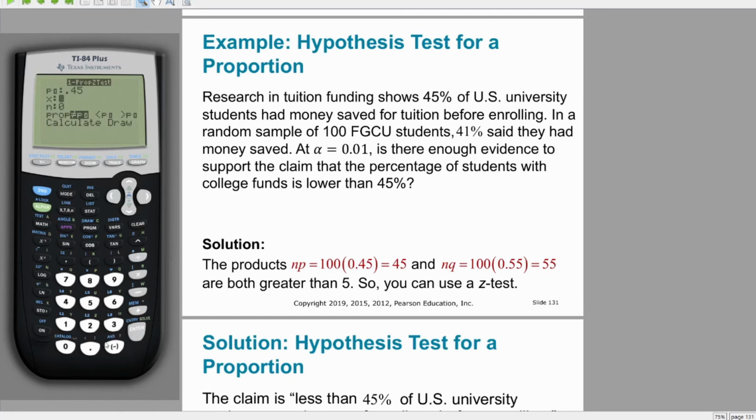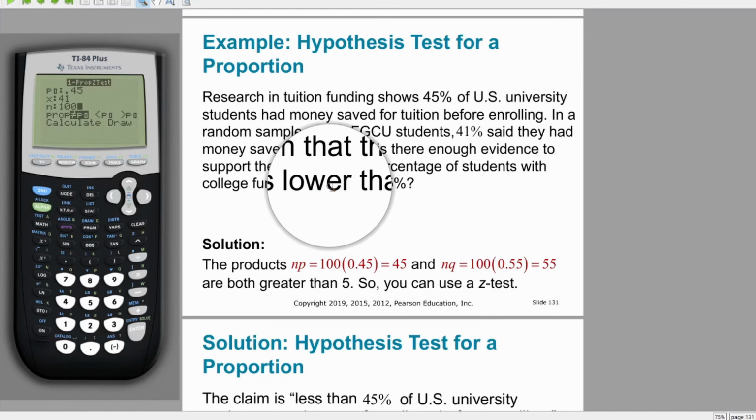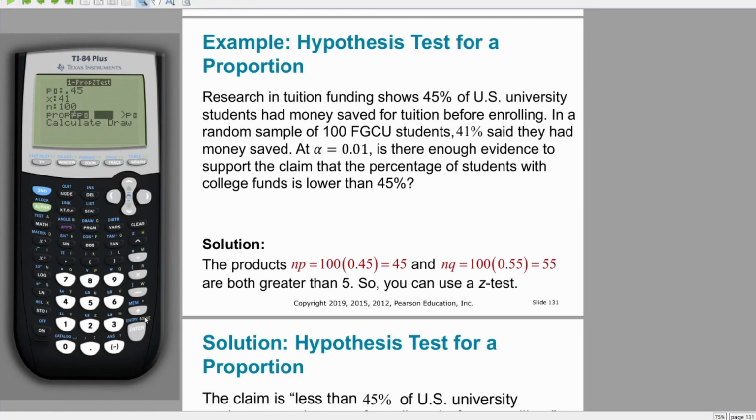Where here we had 41% out of 100, so that will be 41 successes in 100 trials. And in particular, we are looking to see whether the percentage is lower than that supposed parameter of 45. So we are going to run a left-tailed test, select the left-tailed option, and then we will calculate.